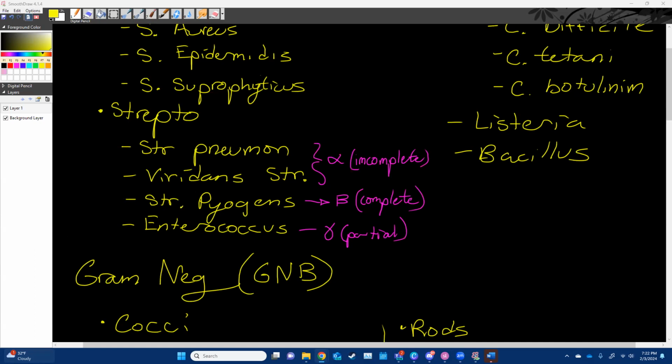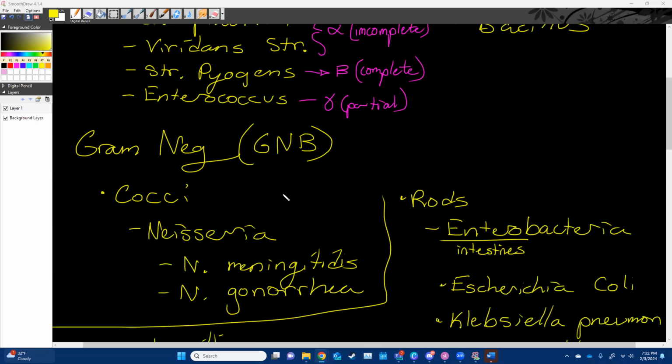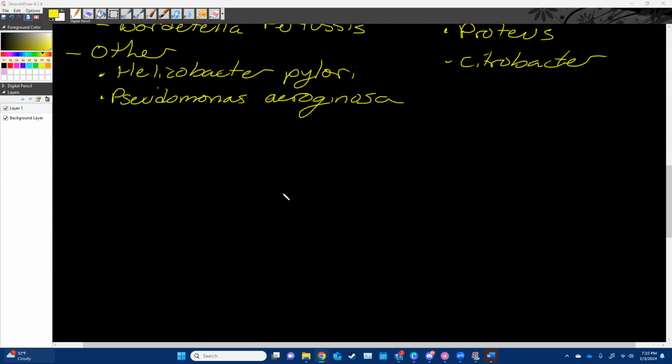I think it's classified as a group D streptococcus, like it gets its own strep grouping because it matches a lot of the streps, but I think it's different enough where it gets shoved into its own category. I wouldn't be surprised if they end up recategorizing it at some point. All right. Any questions about bacteria? Again, staph, strep, Clostridium, Listeria, gram positive. If it's not one of those four, then it is gram negative.